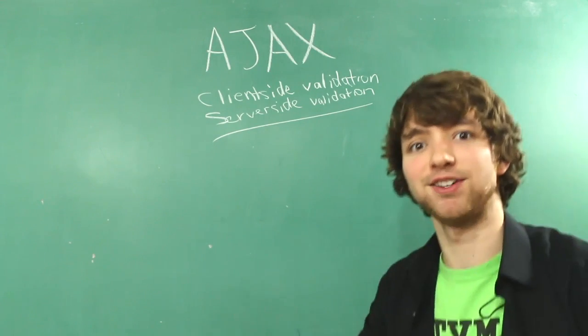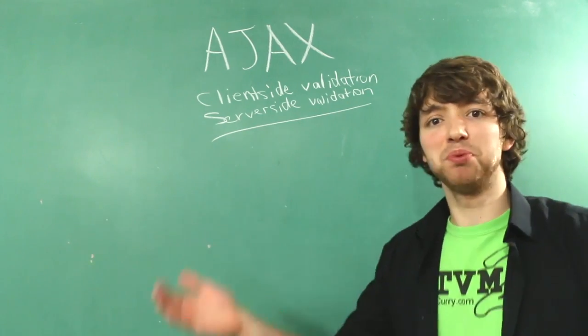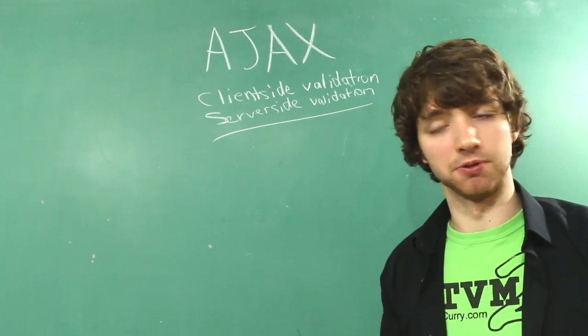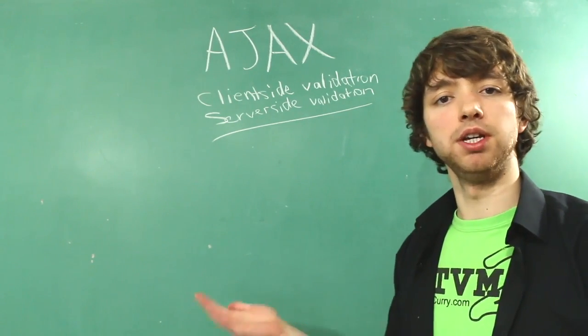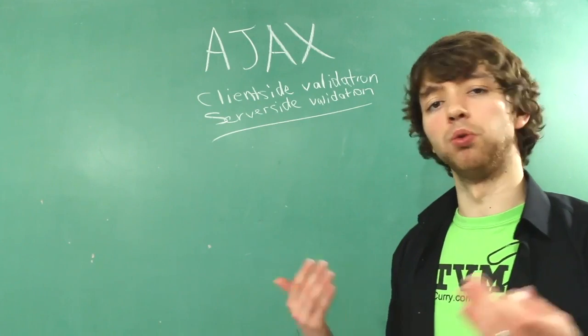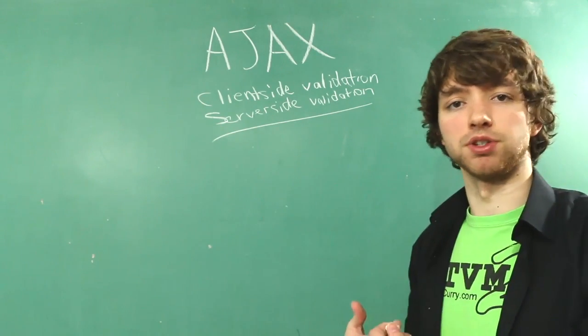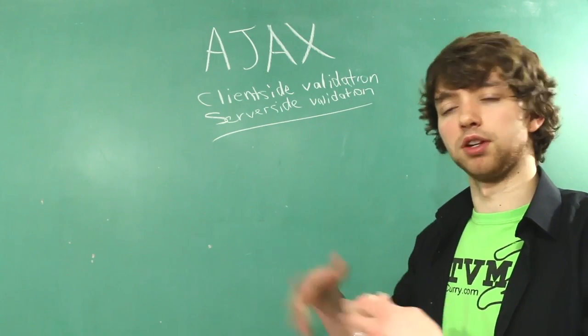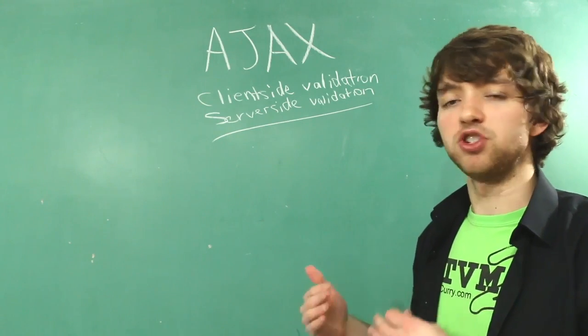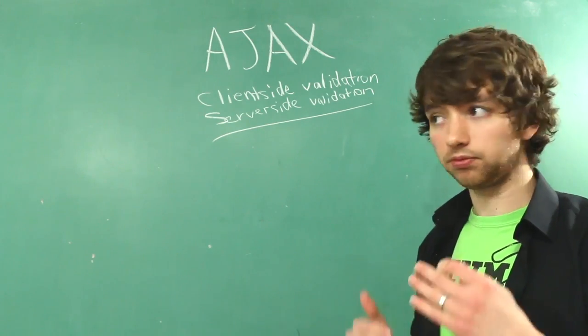Now, what AJAX can do is give you server-side validation without causing a page refresh. And that is magical. Some people aren't going to see why, but because HTTP is a stateless protocol, we're all used to having to click something, waiting for the response from the server, and then continuing. Well, with AJAX, it's not working that way any longer.